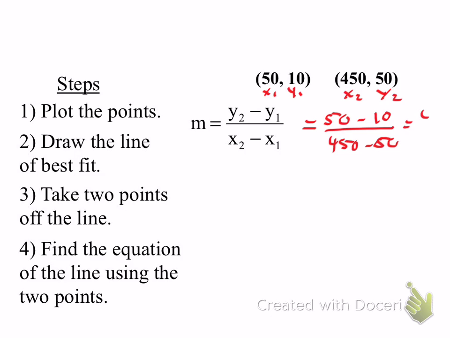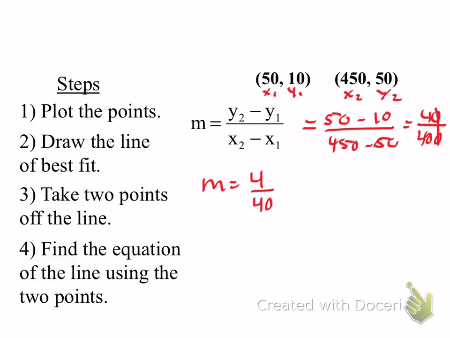Elijah, just simplify this. 40 over 400, which simplifies to what? It does not simplify to 10. I'm left with 4 over 40 if I divide top and bottom by 10.